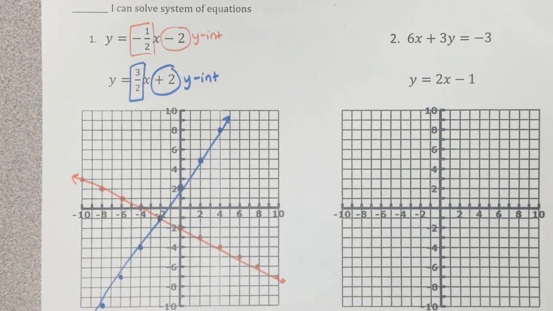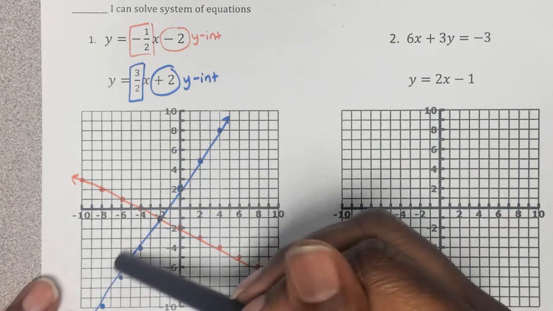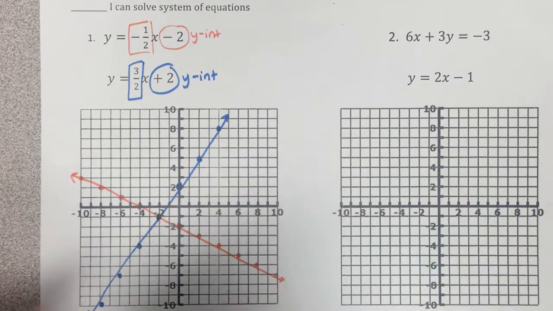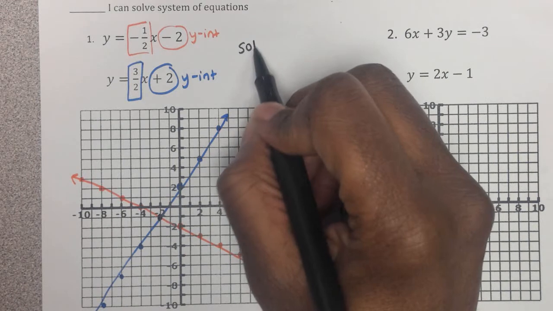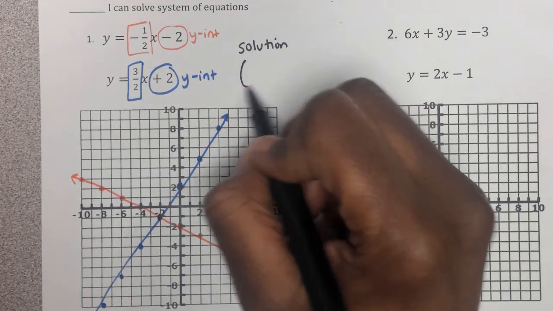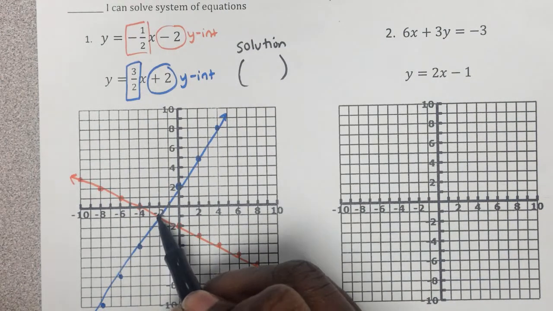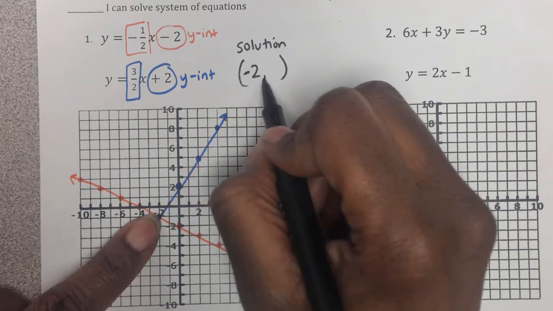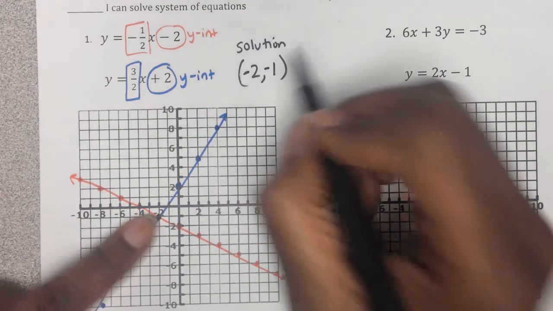Now that we have 2 lines, yesterday the solution was anywhere on the 1 line, but now that we have 2 lines graphed, the solution is where the 2 lines cross, which is -2, -1.